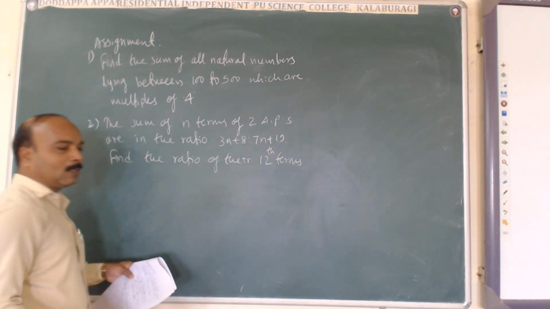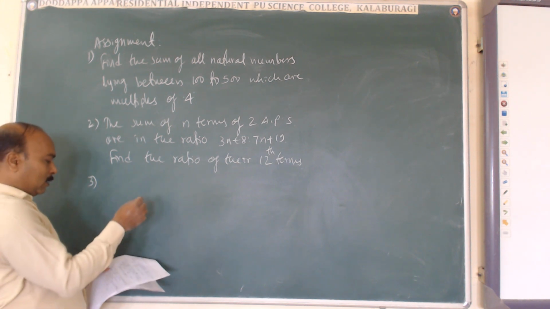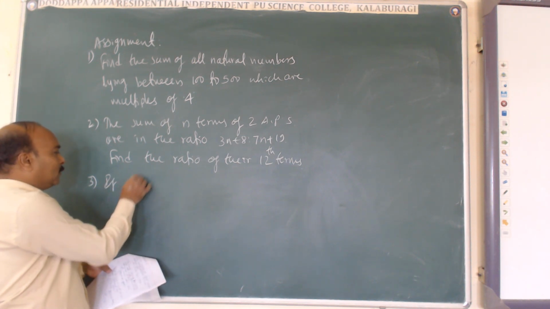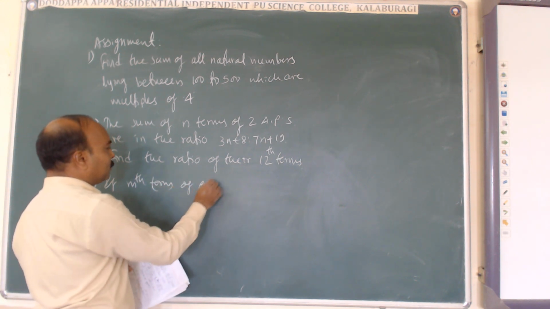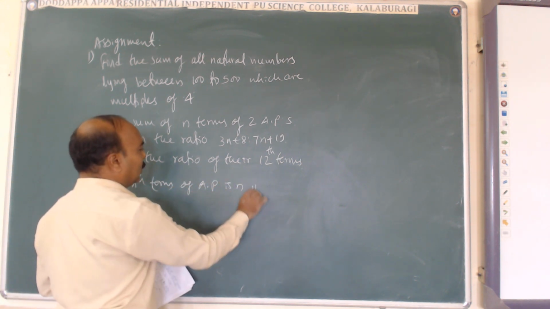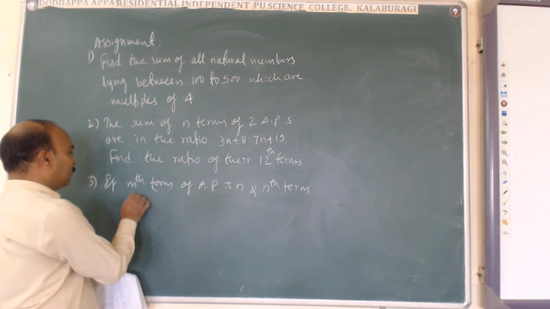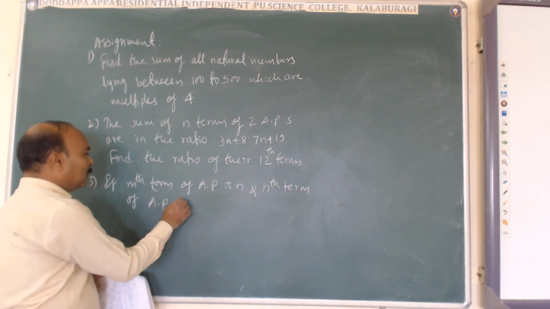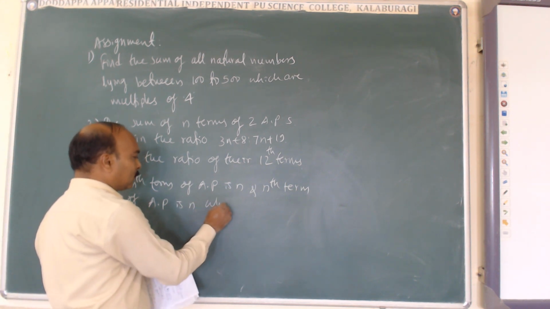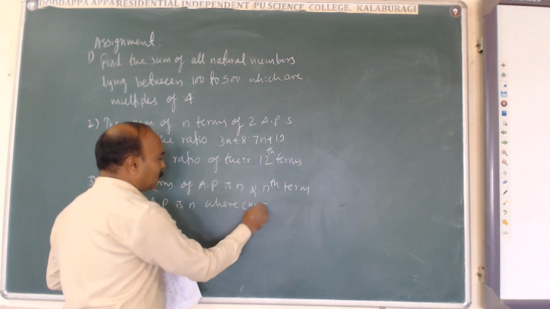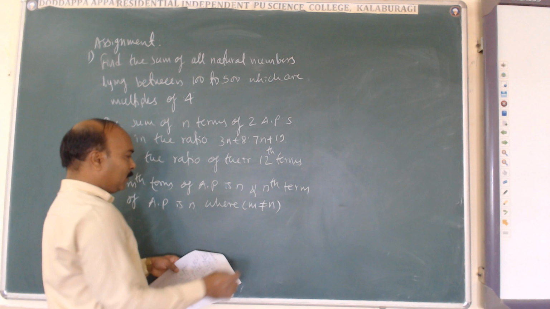Ratio of their 12th terms. Third one, if the mth term of an AP is n and the nth term of AP is m, where m is not equal to n, find the pth term.